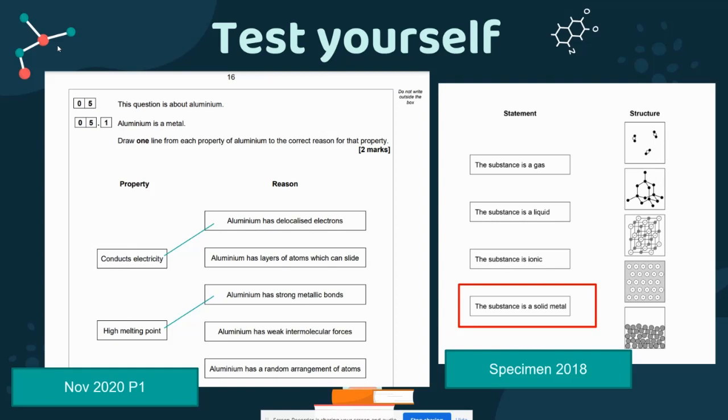Next question. Although this is a combination of topics, focus on the fact that the substance is a solid metal. Which diagram or structure represents a solid metal?